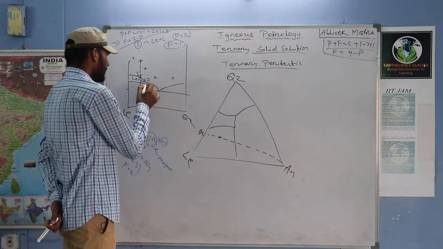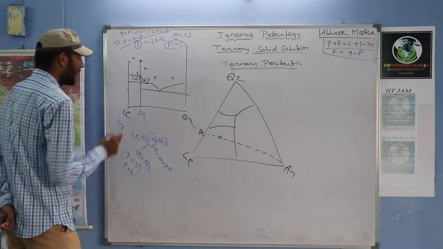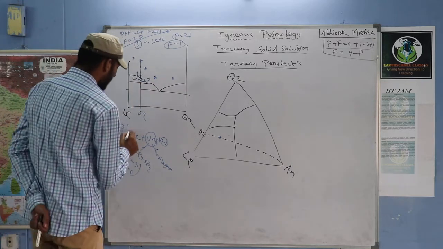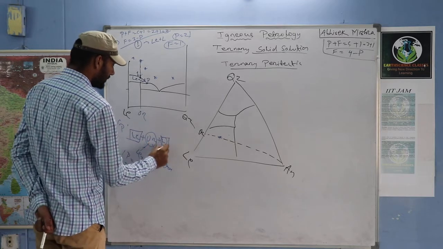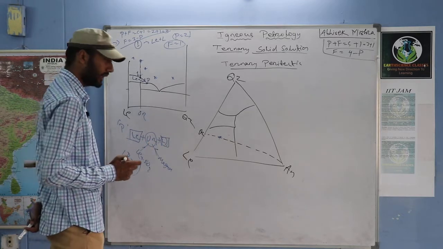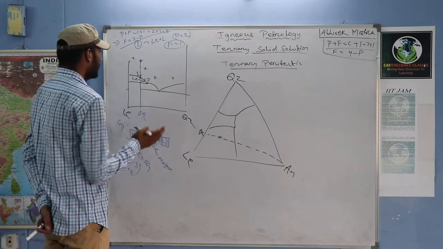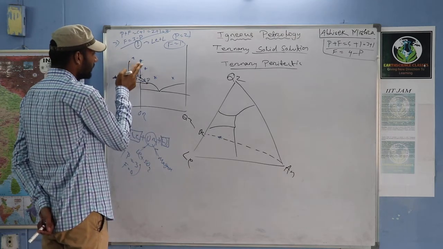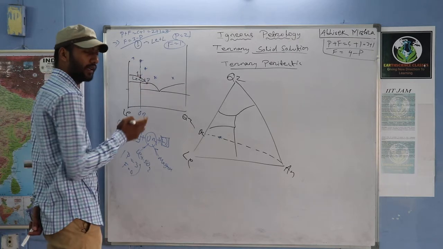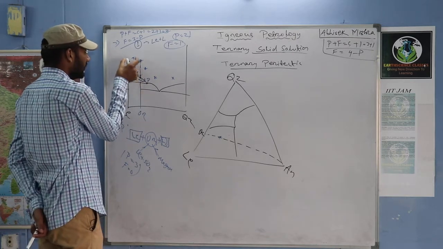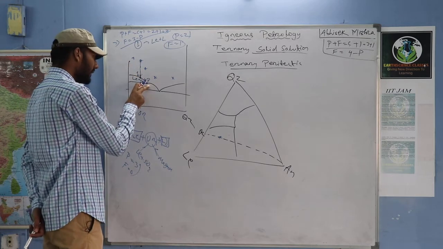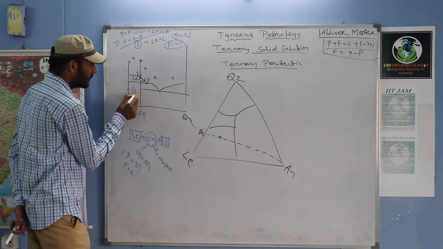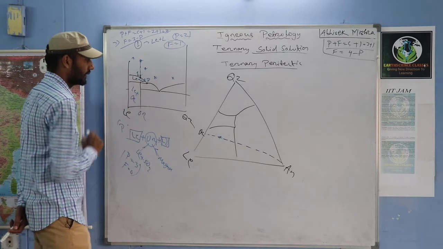So now at the peritectic point, what will happen? Either leucite will be finished or the liquid will be finished, right? There are two cases. If we take any composition in this zone before this line, the liquid will be finished and the end point you get is leucite plus orthoclase.